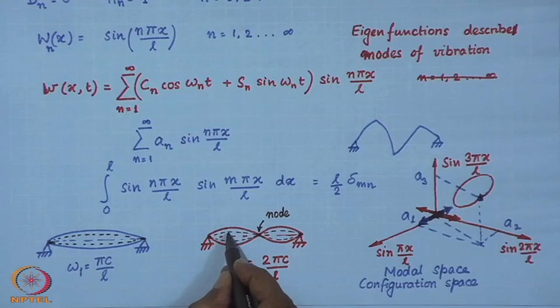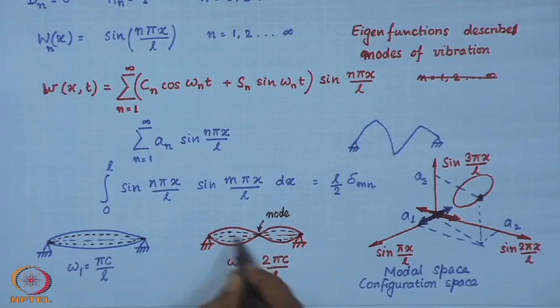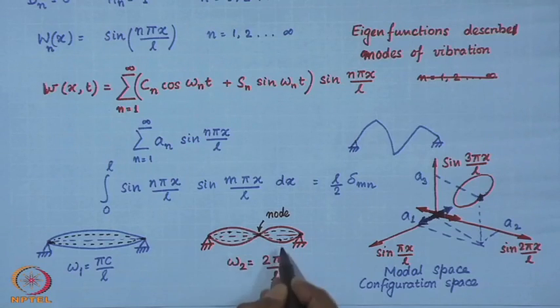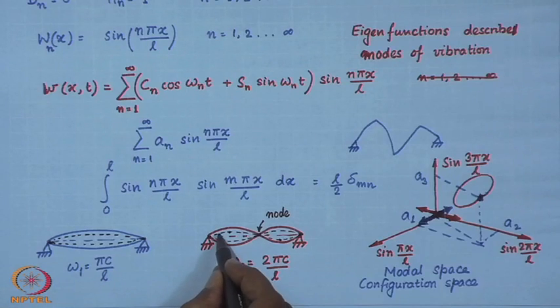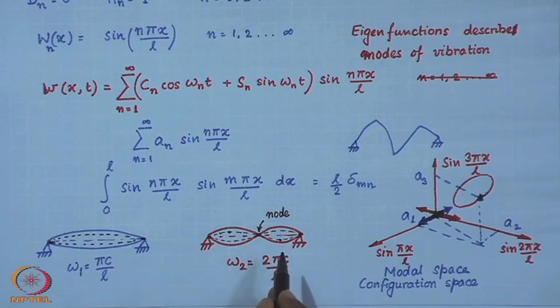So, you see a point here and a point here, they are simply out of phase. When this is moving up, this is moving down and vice versa. But two points in this lobe are moving in phase. So, the phase difference between two points of the string is either 0 or pi.